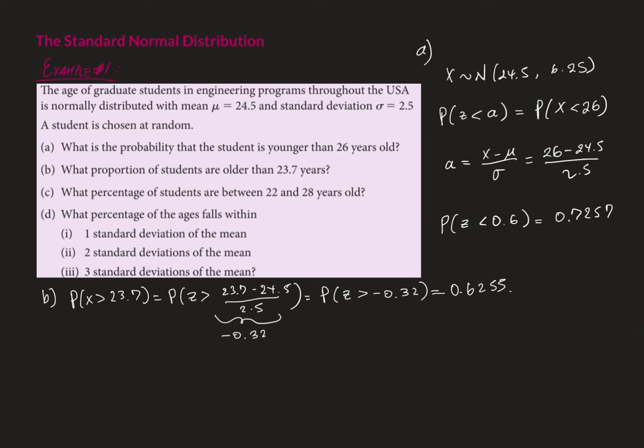Now C, see what percentage of students are between 22 and 28 years old. So we're trying to look for the probability that x is bigger than 22 but less than 28. If we standardize this variable, we would be looking for the probability that Z takes a value more than 22 minus 24.5 over 2.5 and less than 28 minus 24.5 over 2.5.